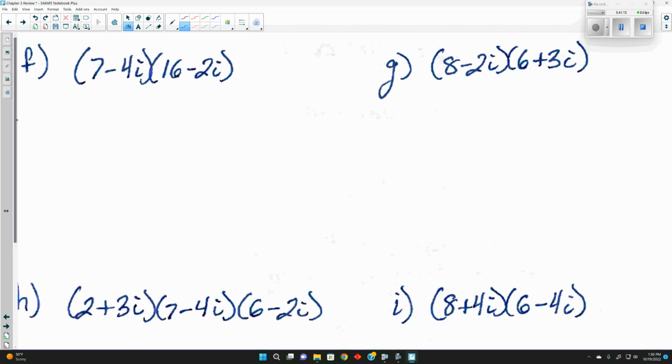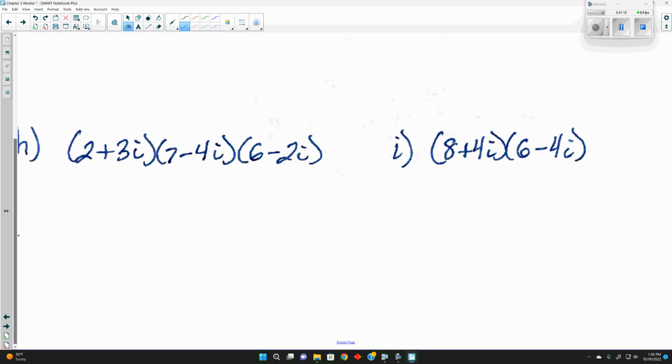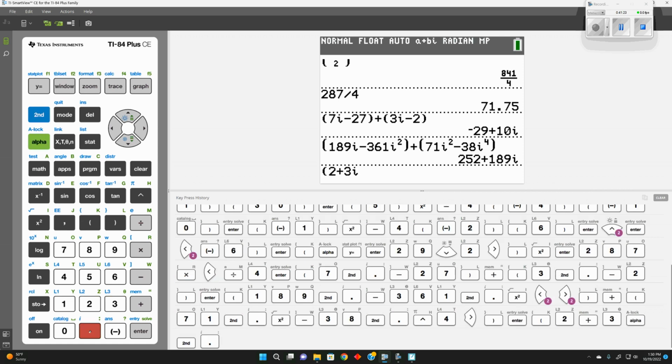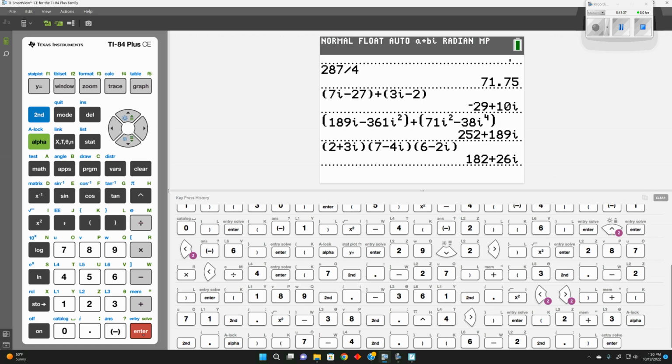Even with multiplication, any of these here, we could type them in exactly as we see them. So if we looked at H, 2 plus 3i, parentheses, 7 minus 4i, and 6 minus 2i, enter.